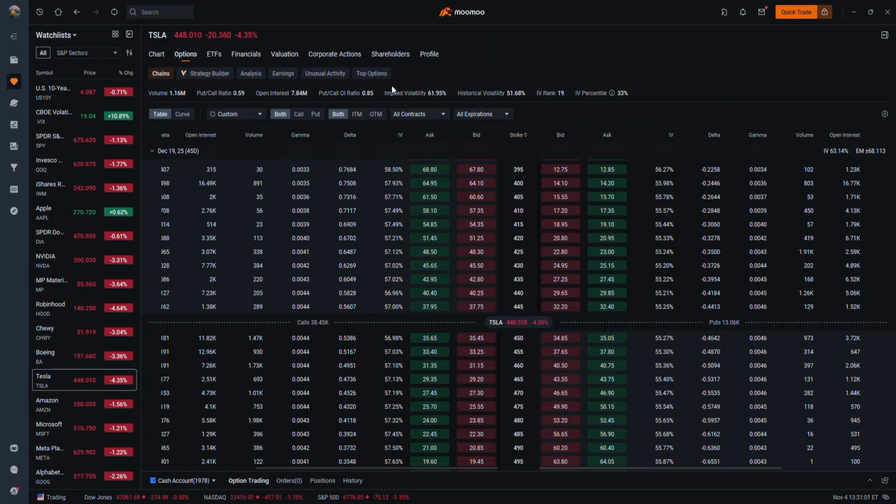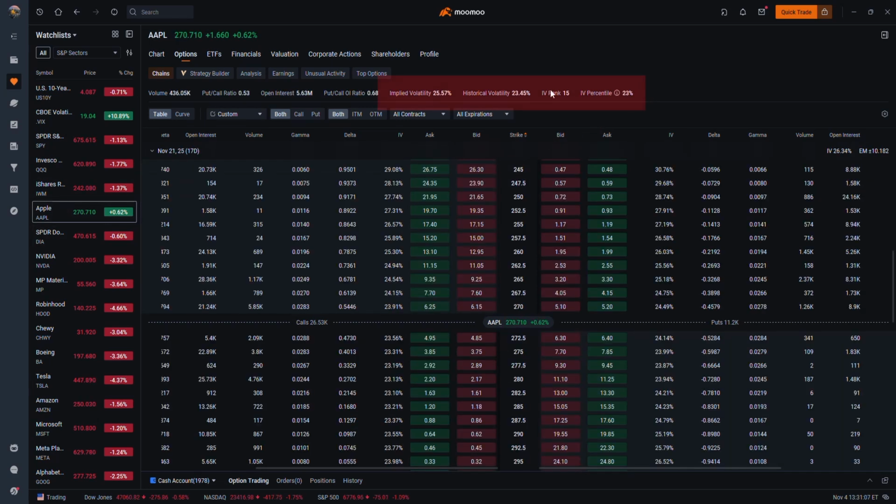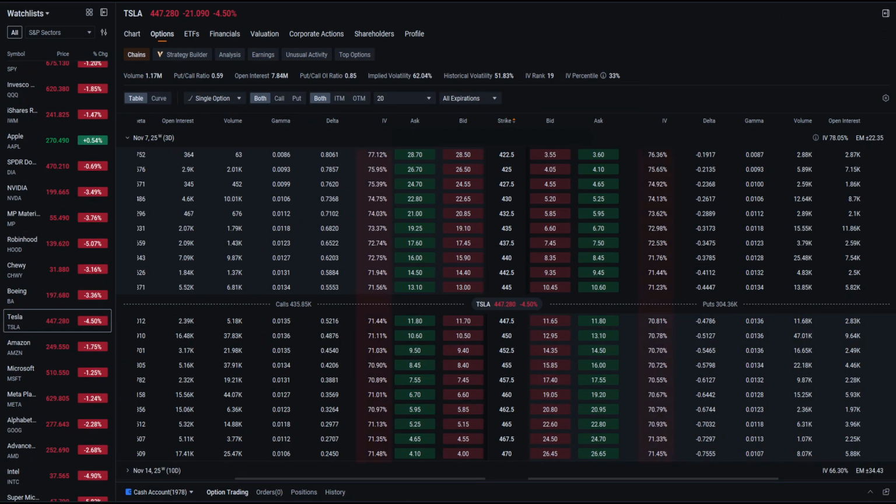So OG traders use IV rank and IV percentile to gauge how current volatility compares historically, because a high IV rank might signal overpriced options, which is good for sellers, people who want to write an option or sell an option to collect premium.